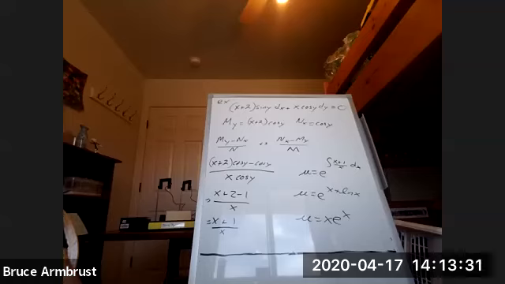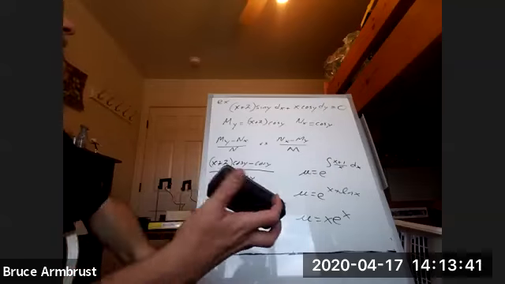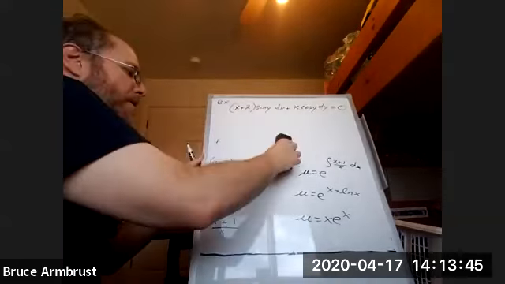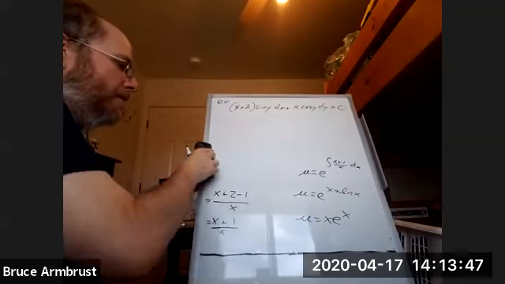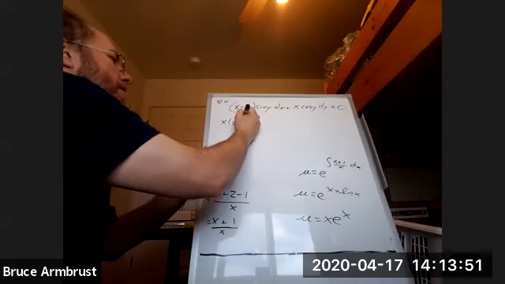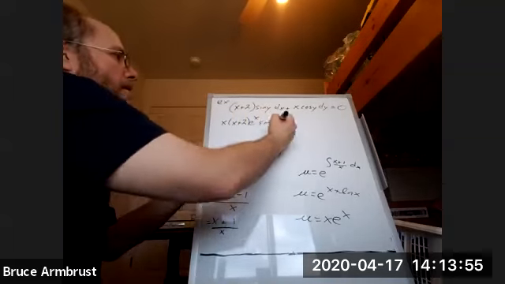Any questions on how I found mu before we multiply by it and try to find the potential function? All right, so we're going to multiply by that mu. So what we get is x times x plus 2 e to the x sine of y.